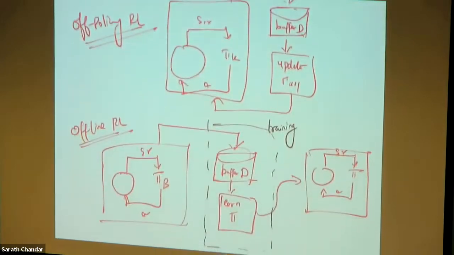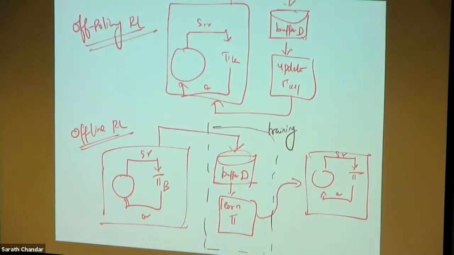Okay. Now, offline RL is not the same as training a robot in a simulator. I'll come to that. Offline RL is about learning from a data set. In learning with the simulator, you're interacting with the simulator. What I talk about here is that there's no interaction. So why would one do this?